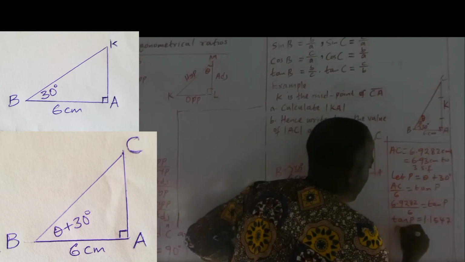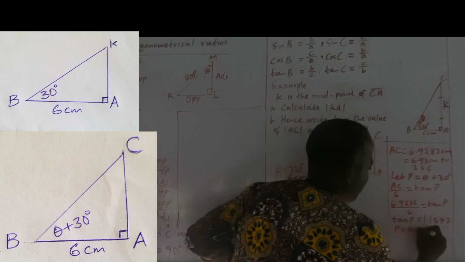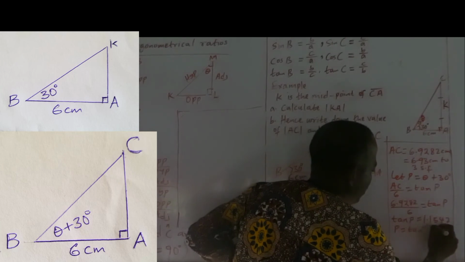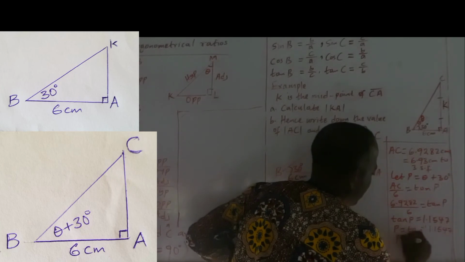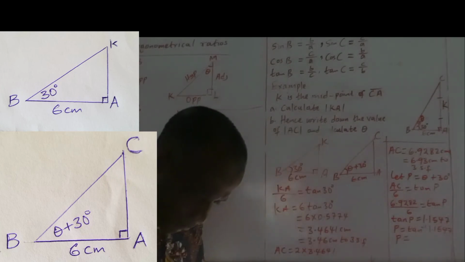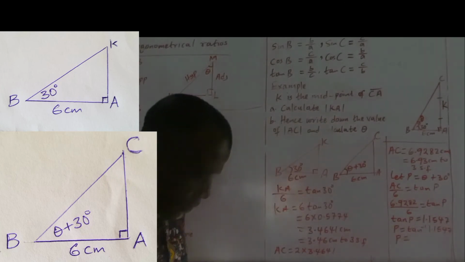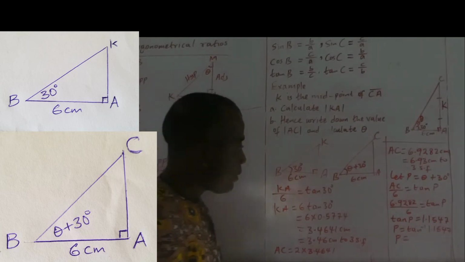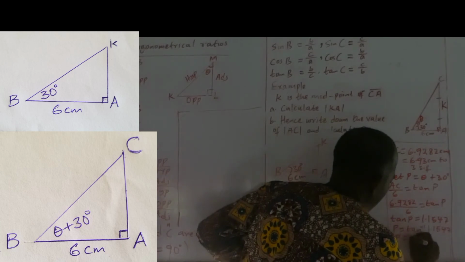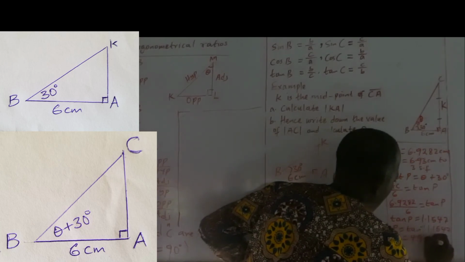So P equals arctan of 1.1547. P is equal to 49.1 degrees.